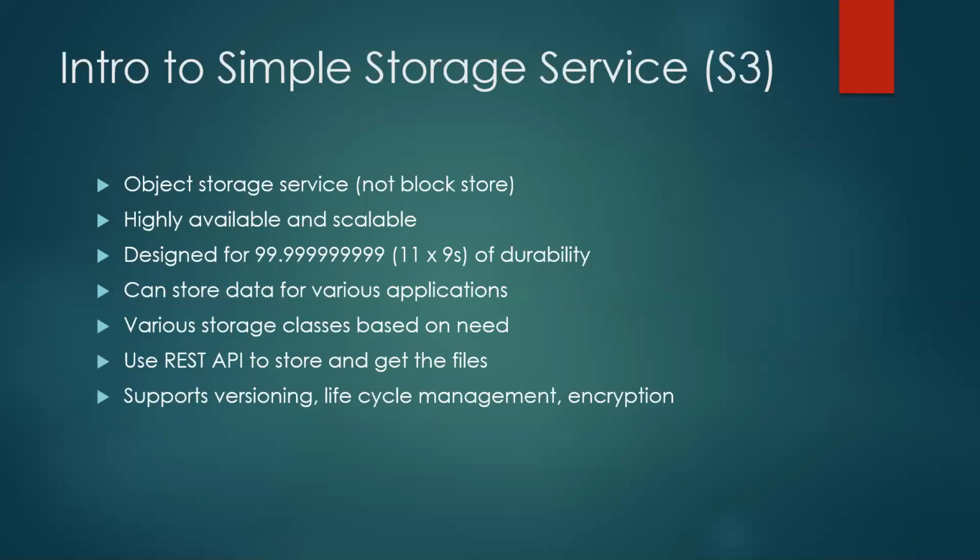Let's talk about it. Availability is nothing but how often does it go down, or how often is it available? Out of 24 hours, how much time is your website available? It's calculated monthly or yearly.